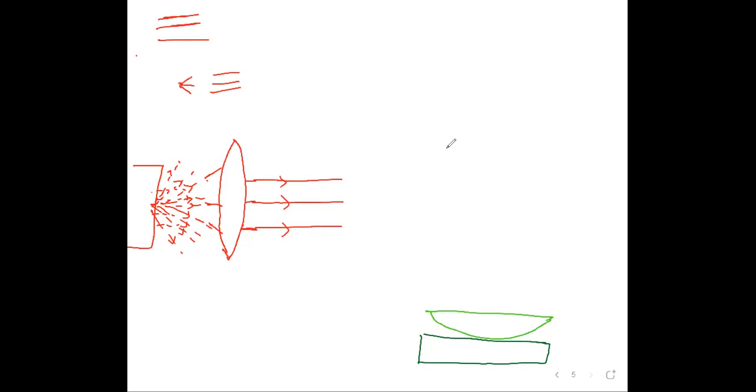What I will do here is place a semi-silvered glass plate. When these rays are incident on this, it will reflect back.